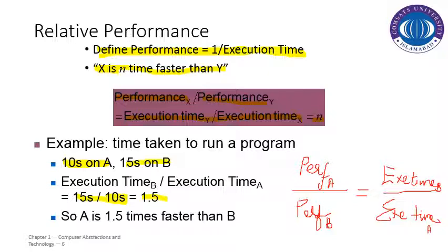So we can say that A is 1.5 times faster as compared to B in terms of execution time for the same program.